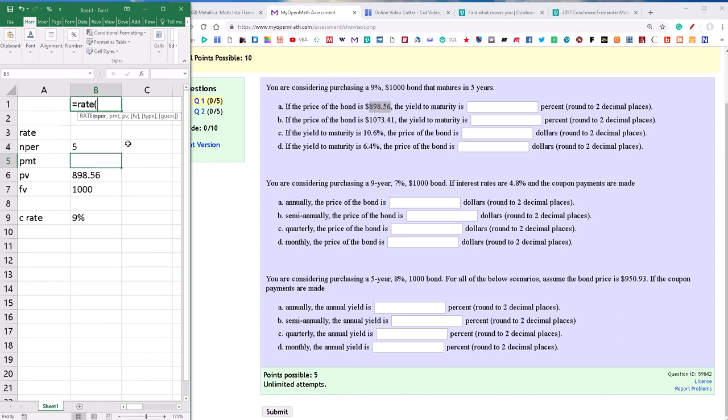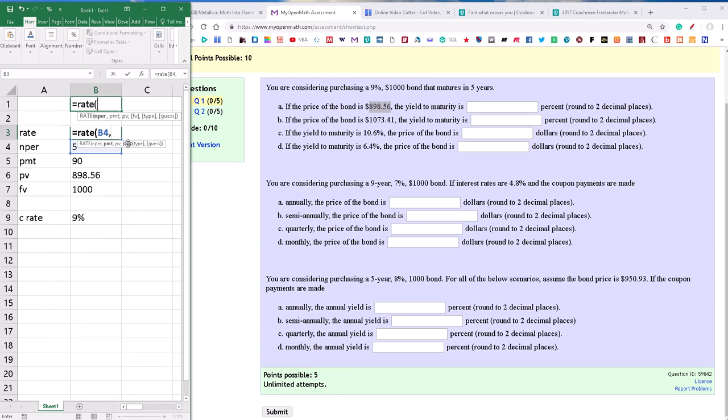Now the only thing we need to know here is the payment. And the payment that you receive every year, the annual payment you receive, is 9% of the face value. That's your payment. Now we can type the rate. So we type equal rate, and then the first thing is the number of periods. So I'm going to scroll down to B4 because B4 is where the rate is in terms of percent.